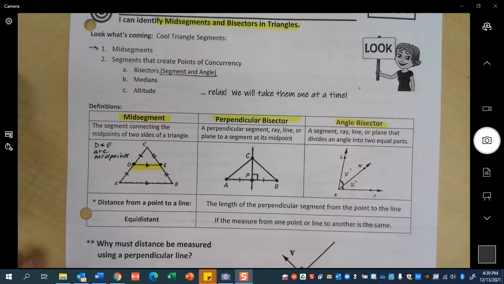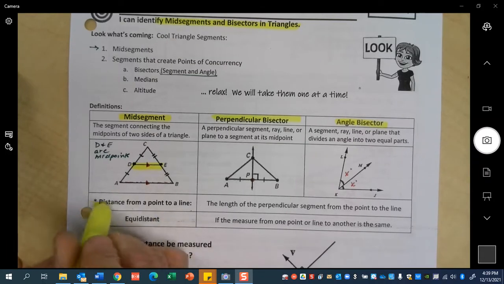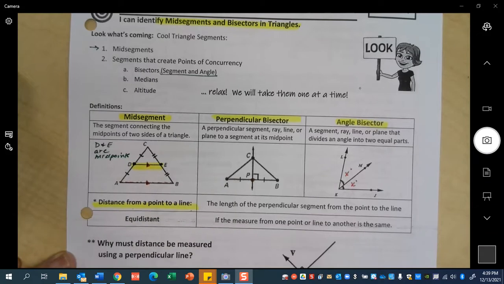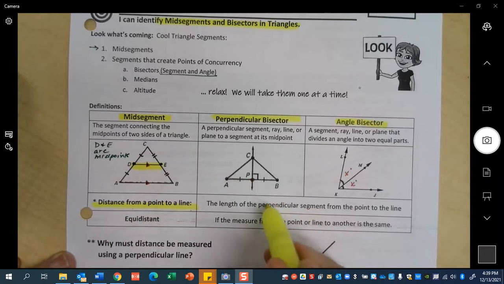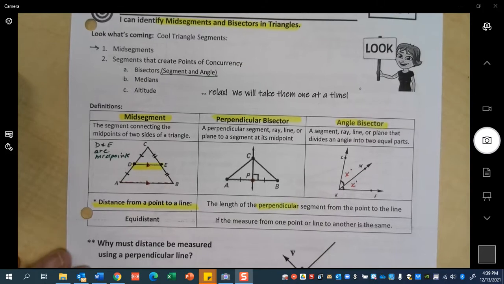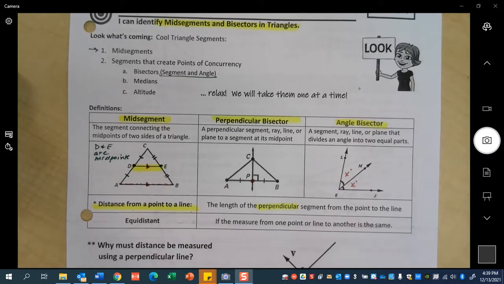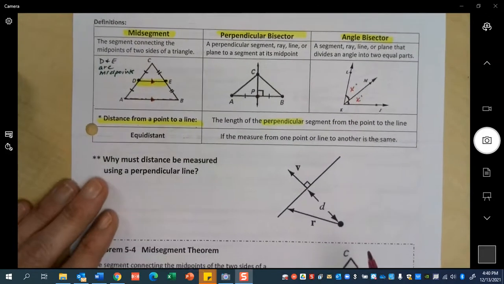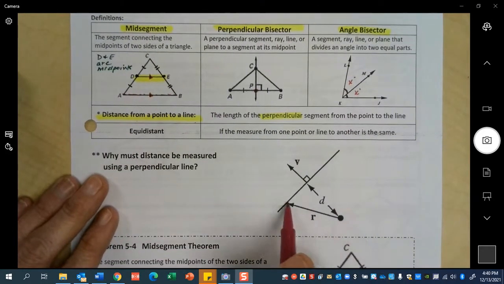A couple important things to talk about. When we measure a distance from a point to a line, we're always going to do it using a perpendicular line segment. So we learned from Pythagoras that this, and I want you to check out this diagram below here, this hypotenuse, this longer side of the triangle, is going to be the longest side.